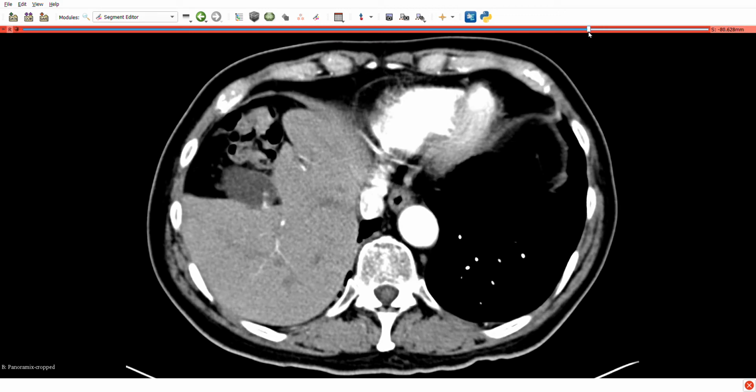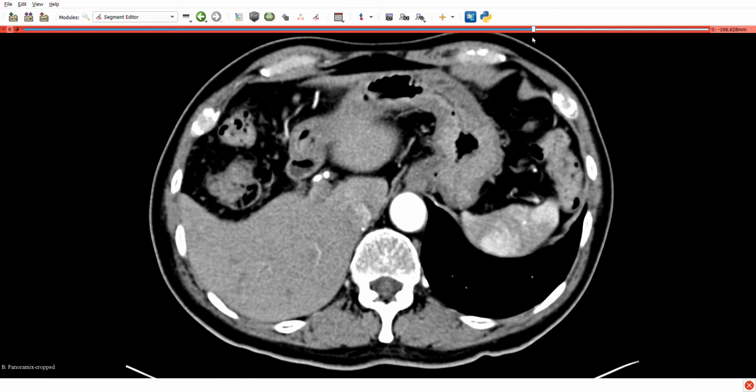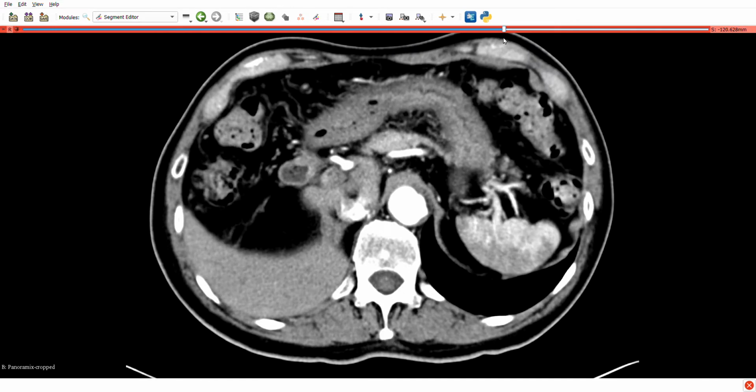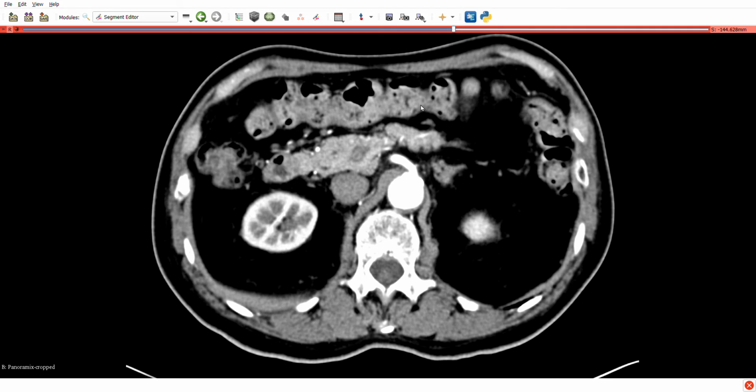So I'm going down quite slowly here, and you should see the first branch of the aorta just starting to appear, coming off of it at this level here. So here is the first branch coming off of the anterior side of the abdominal aorta, and this is the celiac trunk.